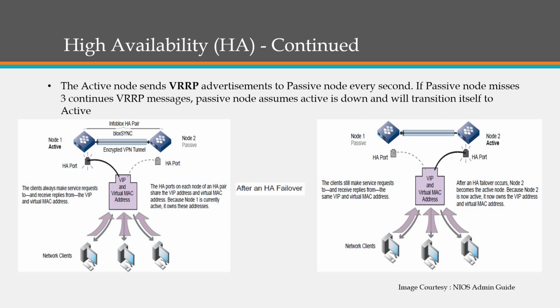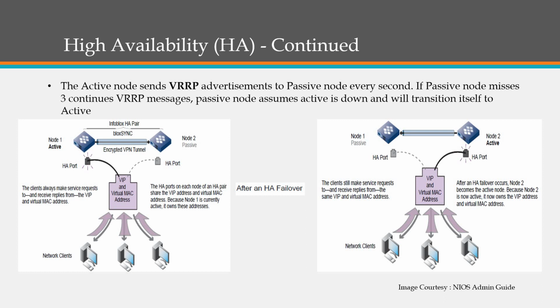Okay, so now there is another concept that needs to be understood here, which is the VRID, Virtual Router ID. When I show you how HA is configured, I will explain more on that. But right now, think of VRID as an ID that needs to be unique. Every HA pair is associated with a VRID.